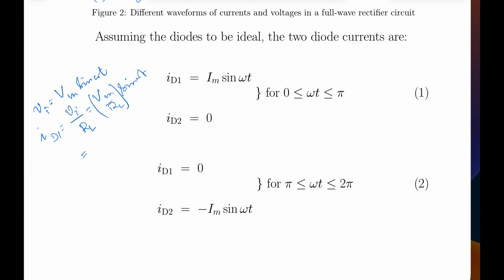So the quantity within the bracket is the maximum value of current. This is nothing but Im. So this is Im sin omega t.